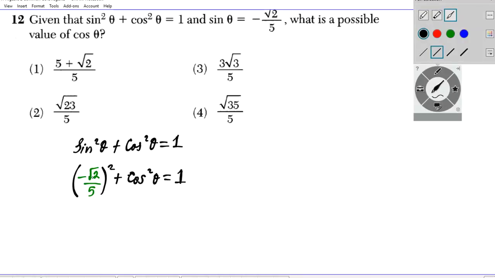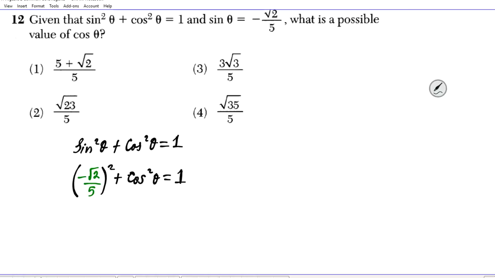Okay, so let's go ahead and simplify this. Now, when you simplify this, you're going to square the negative, the root 2, and the 5 individually. When you square that, negative squared is positive, so root 2 squared is 2 over 5 squared is 25, plus cosine squared theta equals 1. Okay?